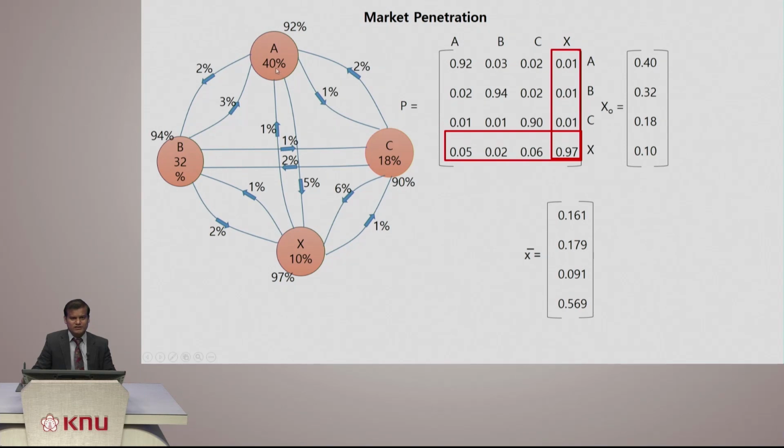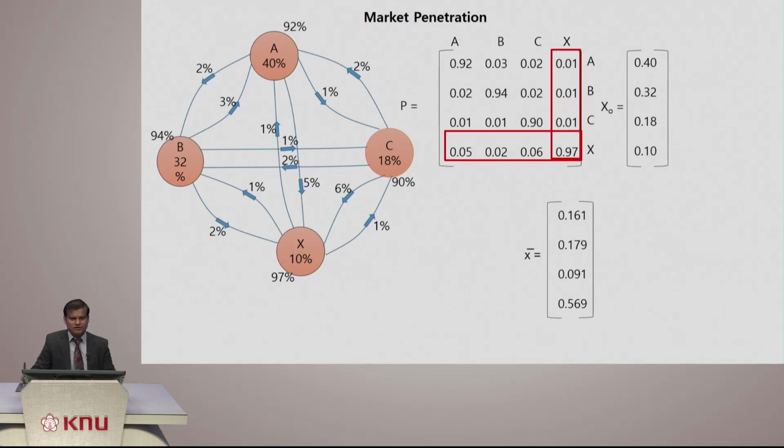And one more thing: A retains 92% of its customers, C retains 90% of its customers, X retains 97% of its customers, and finally B retains 94% of its customers.